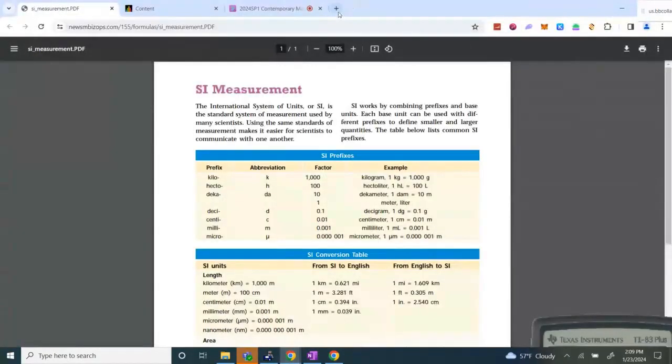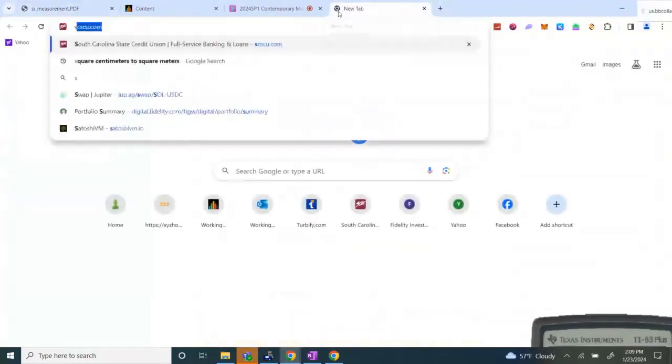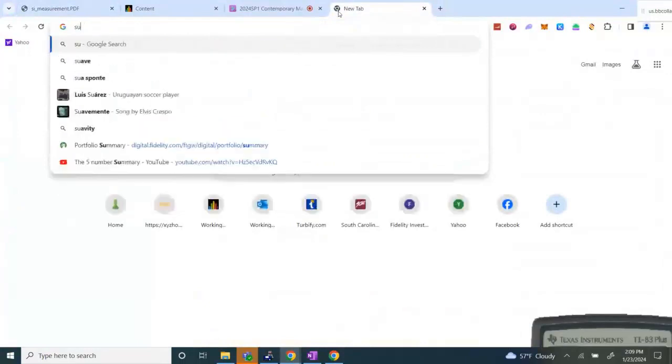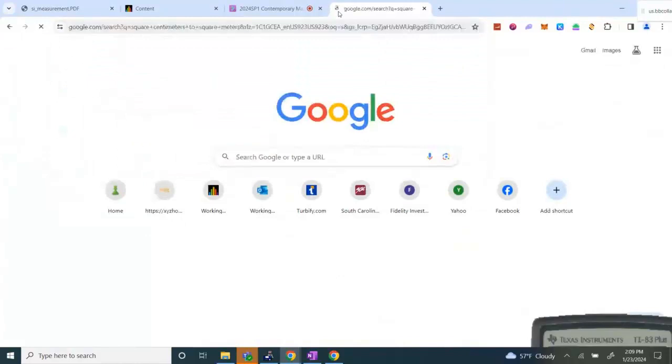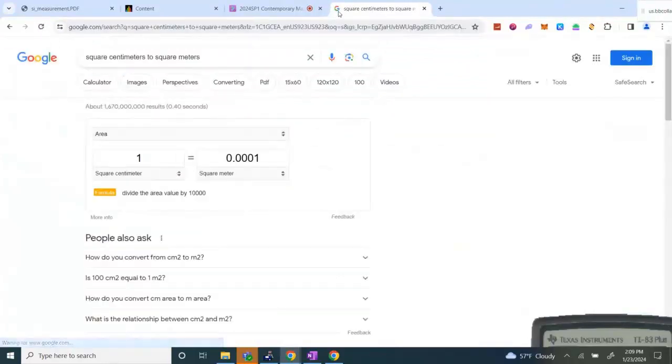I used the conversion from square centimeters to square meters: 200 square centimeters is 0.02 square meters.